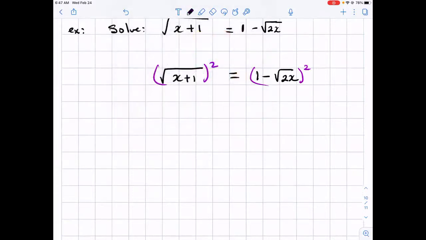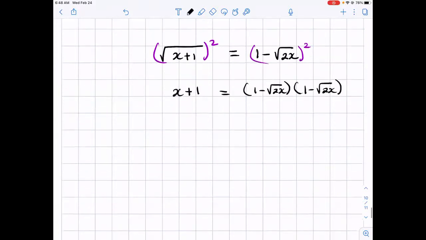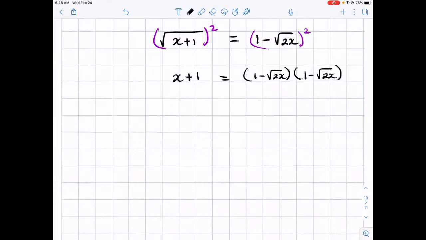So that square will cancel out with that root, leaving you with x plus 1. And this becomes 1 minus the square root of 2x times 1 minus the square root of 2x. When you FOIL this out, as we did in the last example, you will get 1 times 1, which is 1. 1 times minus the square root of 2x will give me just minus the square root of 2x.